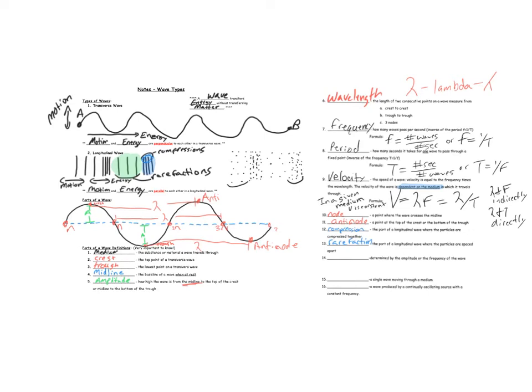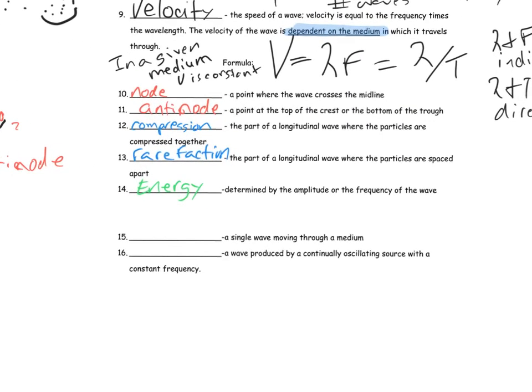Last few things. The energy can be determined by either the amplitude or the frequency of the wave. So in a mechanical wave, in most waves, the waves that we'll be dealing with probably, the energy is related to the amplitude squared.